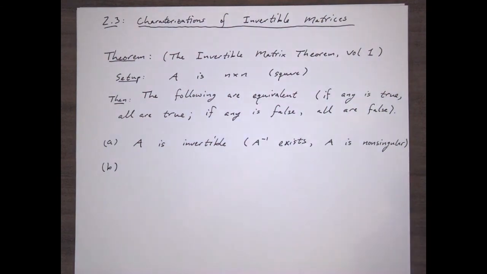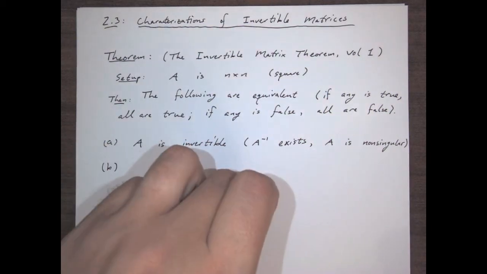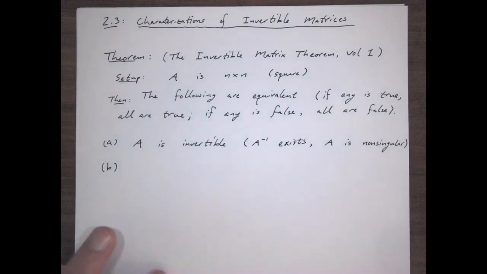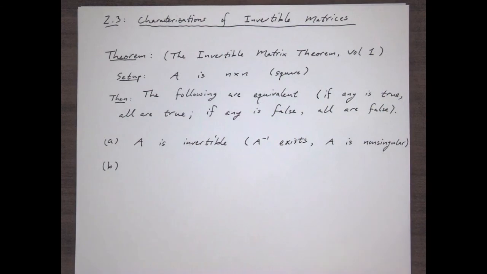Well, let's think about what that means. So A is invertible. Now, if you think back to the last section, we have a technique for finding an inverse to a matrix, and that involves doing row reduction. You set up a matrix on one side, you set up the identity on the other, you row reduce, and if you can get the identity on the left, then what's on the right will be the inverse.